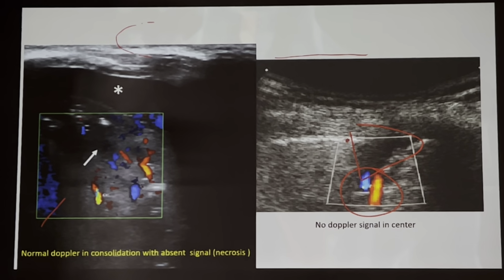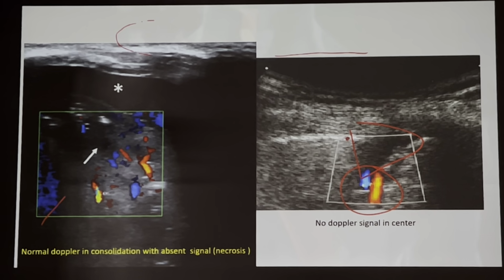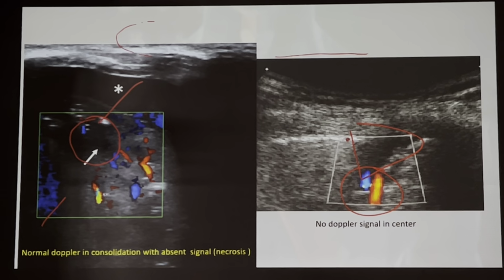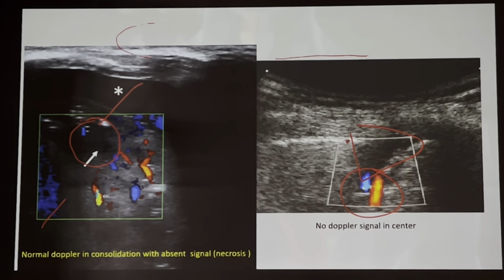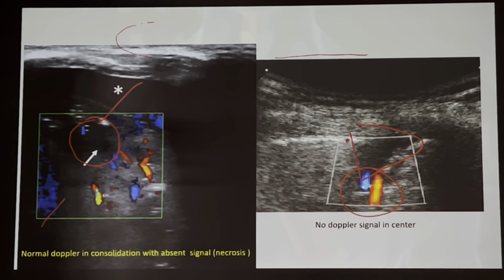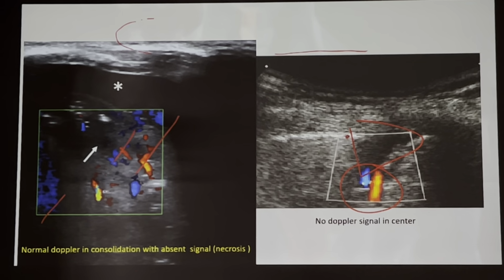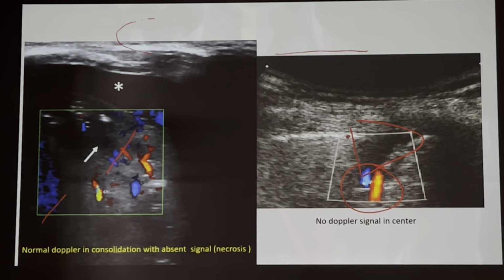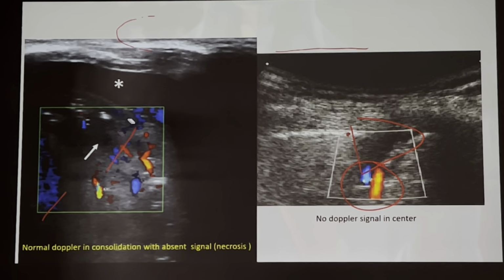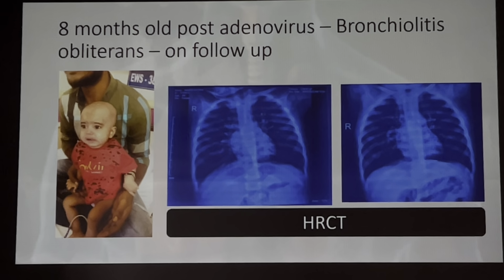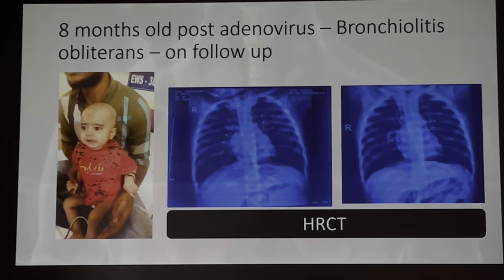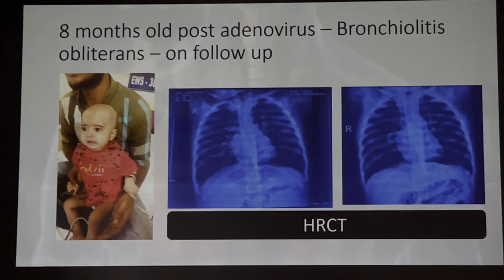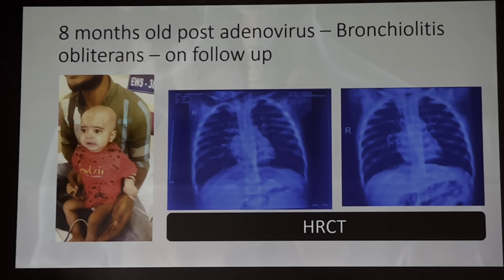But if you're thinking of consolidation and you do an ultrasound and don't find a Doppler image, a blackout image, or you could say a non-echogenic or hypoechoic area within the Doppler image of that probable consolidation, and it is not wedge-shaped, we may be dealing with necrotizing pneumonia. So ultrasound is an upcoming modality. If given to pulmonologists, it can help prevent a lot of unnecessary radiation, especially from CT scans.